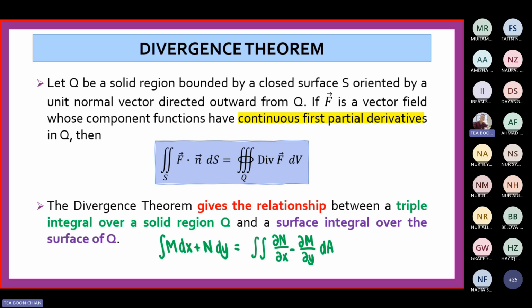In Green's theorem, when we want to verify, we compute the left and right hand sides and make sure they are the same in value. Again, let me emphasize one more time: when the question asks you to verify Green's theorem, we evaluate the left hand side and the right hand side and make sure in the end we get the same value.